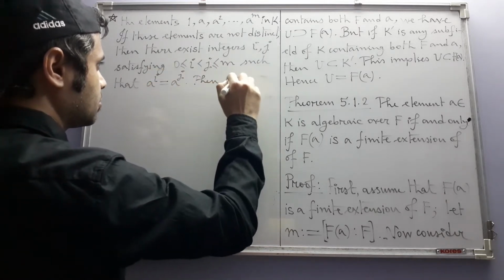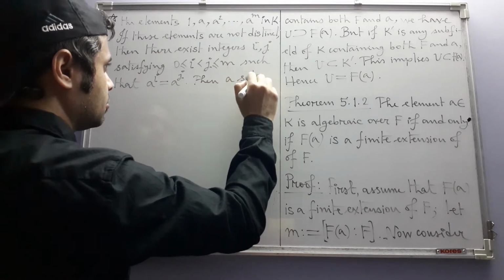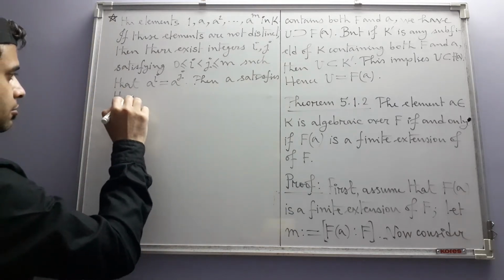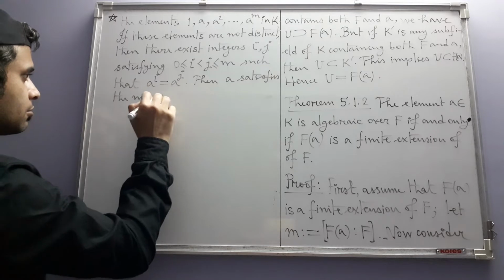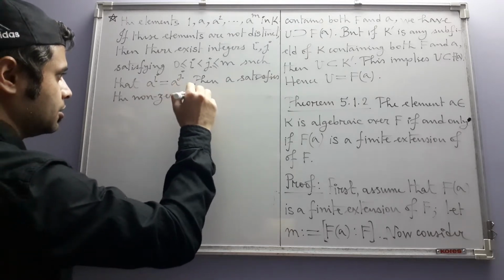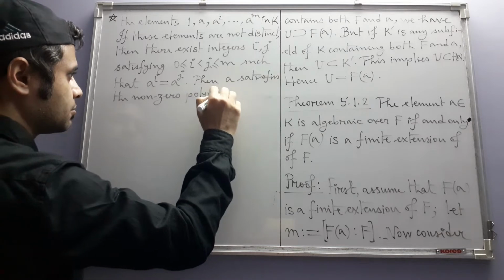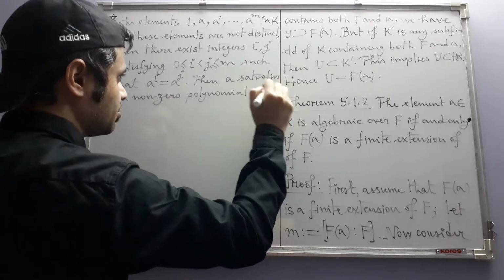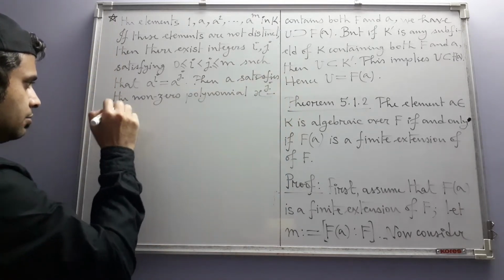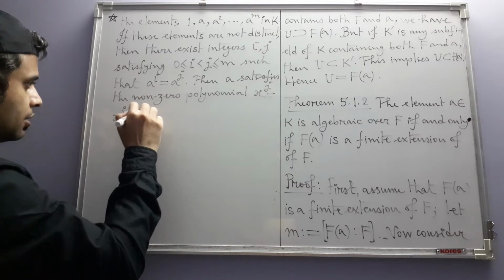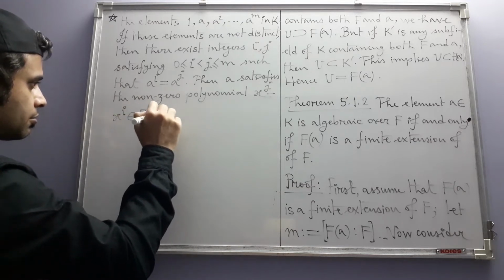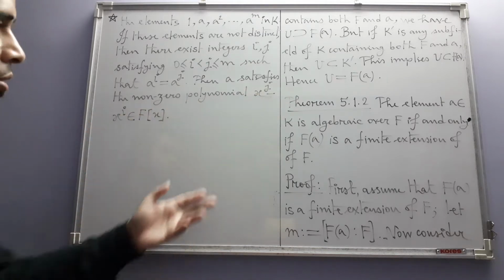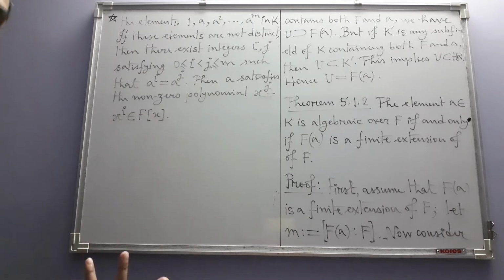Then A satisfies the non-zero polynomial x to the power j minus x to the power i over F. It's a non-zero polynomial because j and i are distinct and the coefficients are also not 0, they are 1.